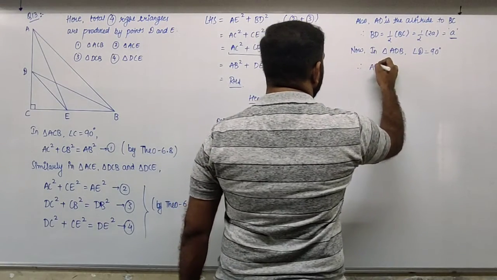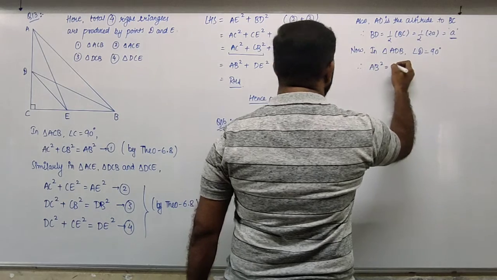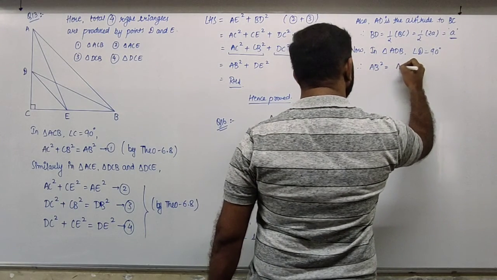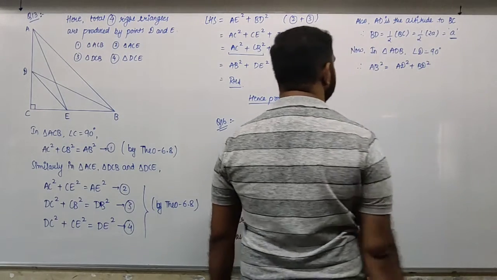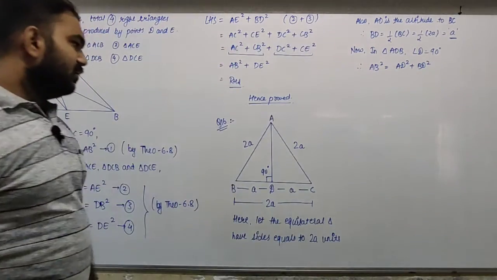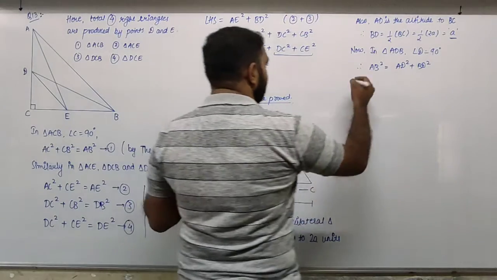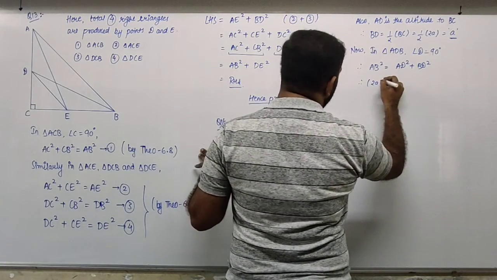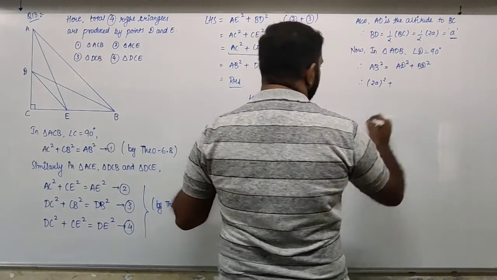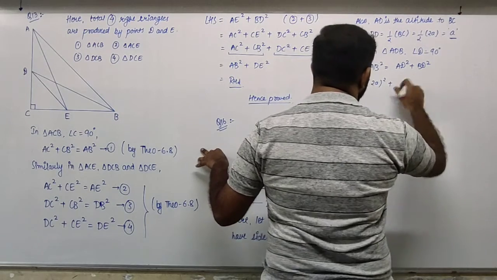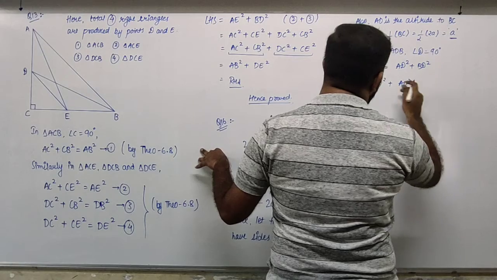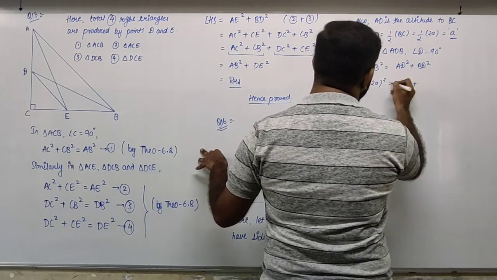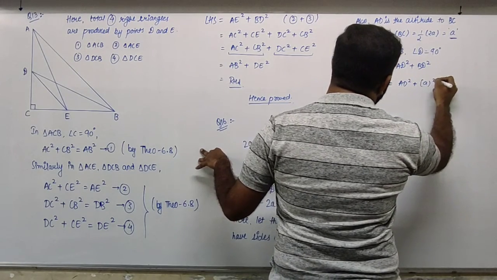Therefore, AB square is equal to AD square plus BD square. Right, so we have the value of AB as 2a, so 2a whole square equals AD square plus a square.